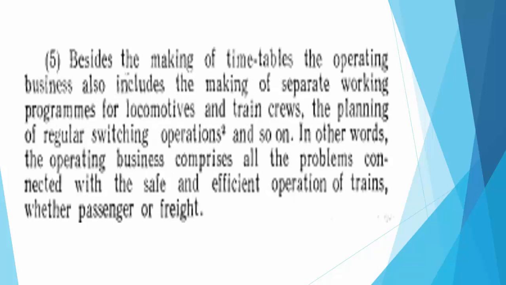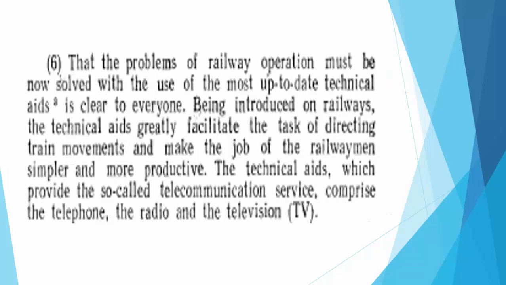Besides the making of timetables, the operating business also includes the making of separate working programs for locomotives and the train crews, the planning of regular switching operations, and so on. In other words, the operating business comprises all the problems connected with the safe and efficient operation of trains, whether passengers or freight.